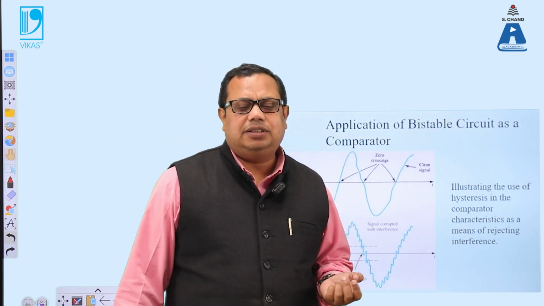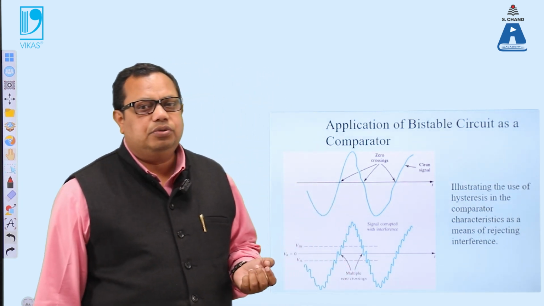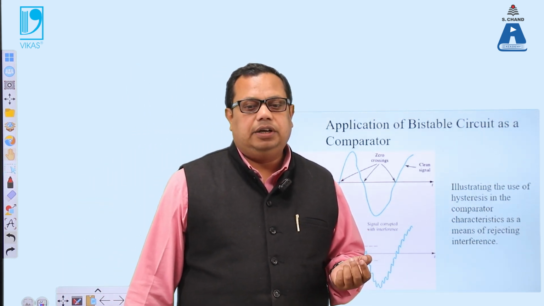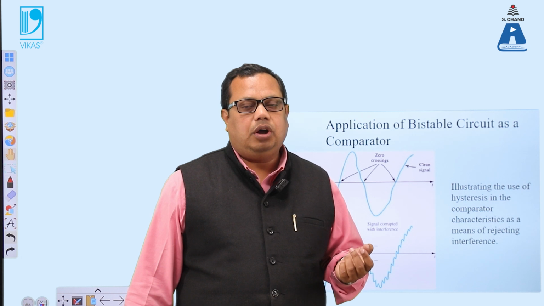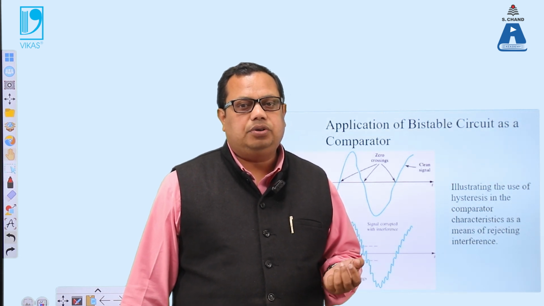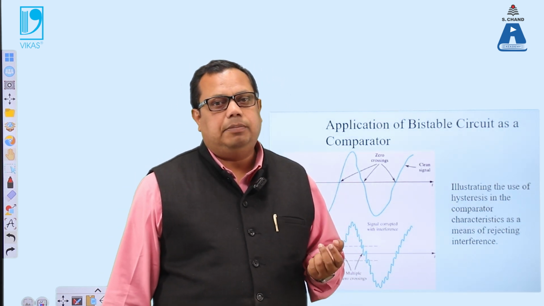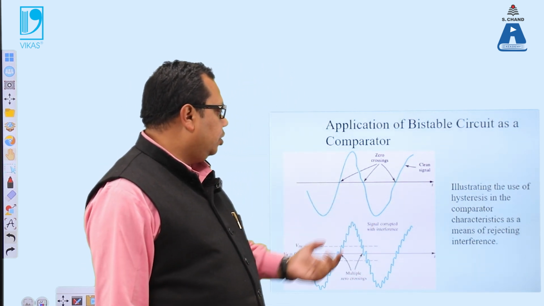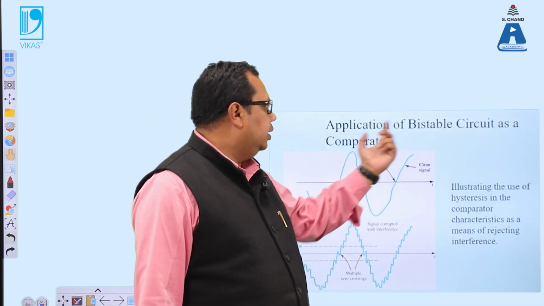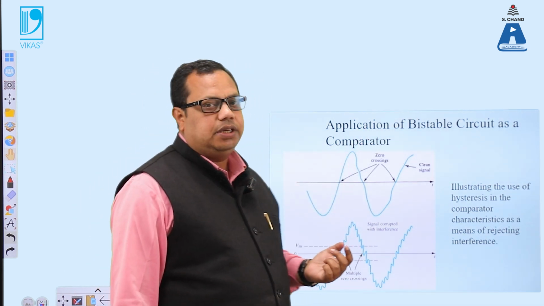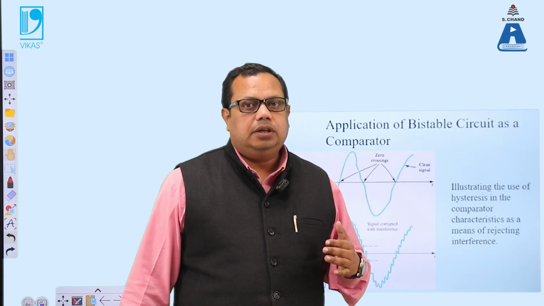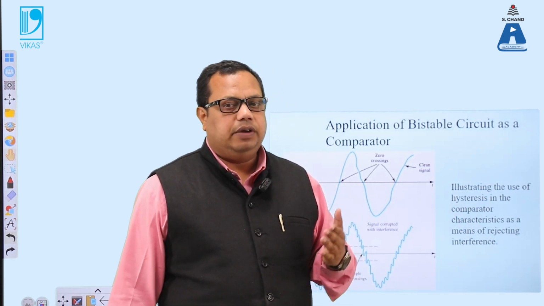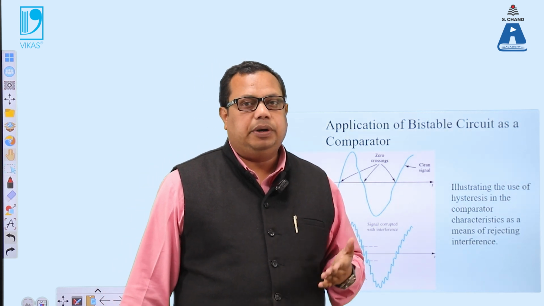Hysteresis characteristics are calculated because we are using an RC circuit, which includes a loss factor. Due to the loss factor, distortion happens in the amplification. Rejecting that distortion makes the operational amplifier work as a bistable comparator, rejecting the distorted values in the oscillating values.